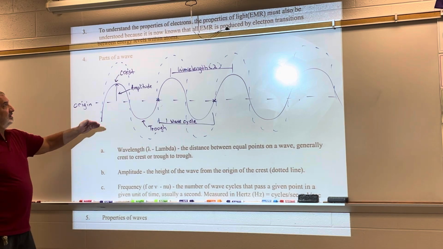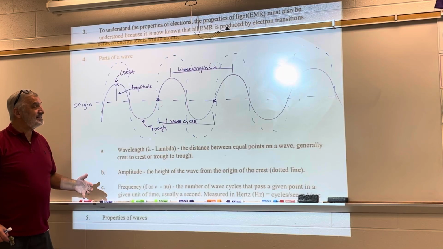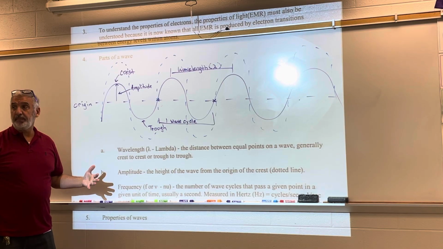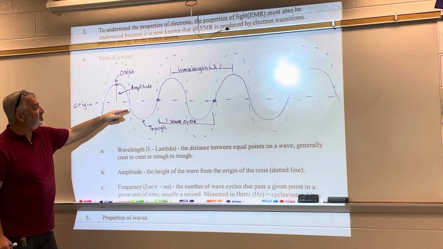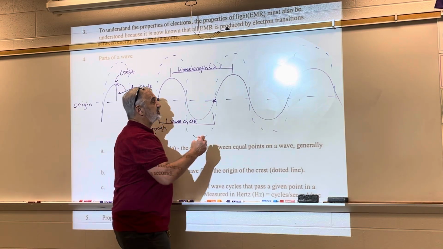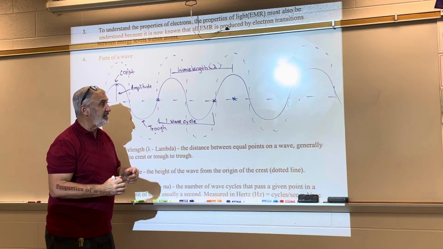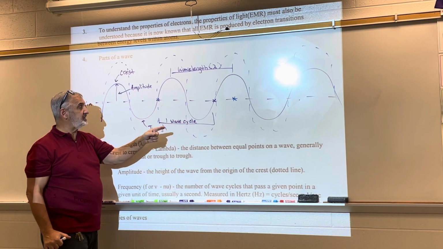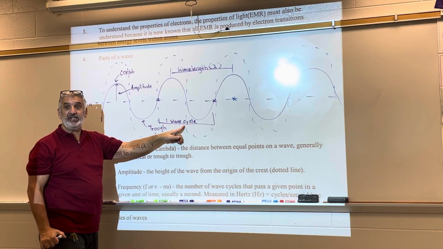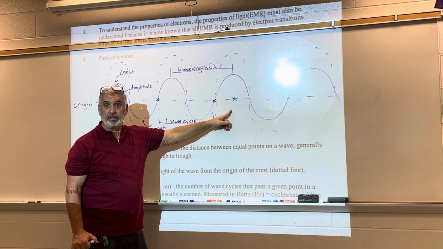So that's wavelength. Okay? And then the last thing is the frequency. The frequency is how many wave cycles will pass by. Let's just say I randomly picked that spot right there. And the wave is traveling this way. The frequency is going to be how many cycles, how many crests, how many troughs pass this point in a second.